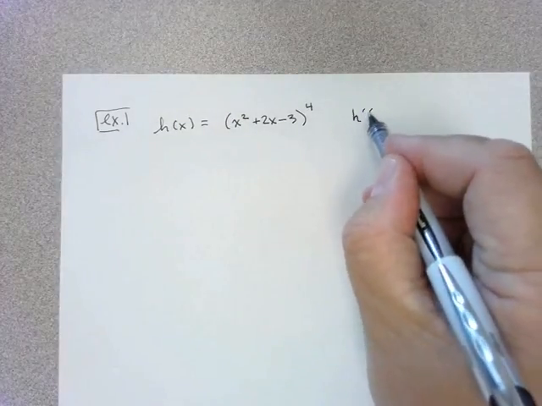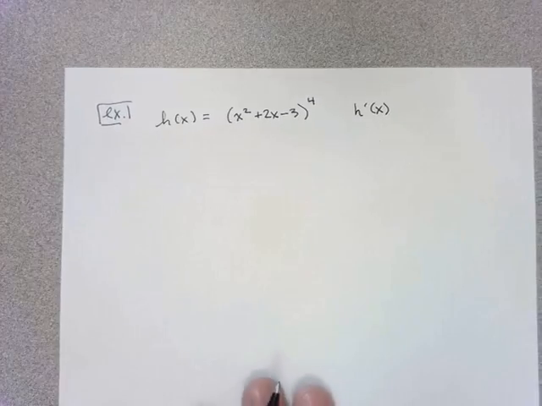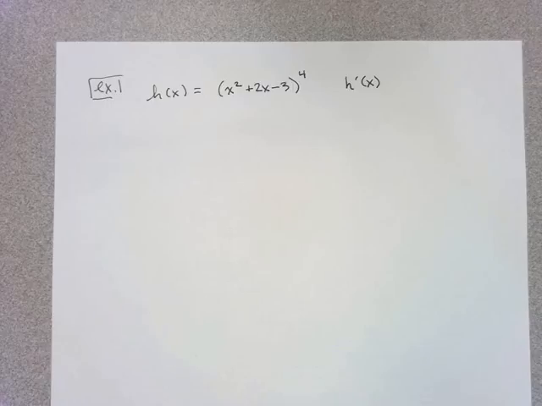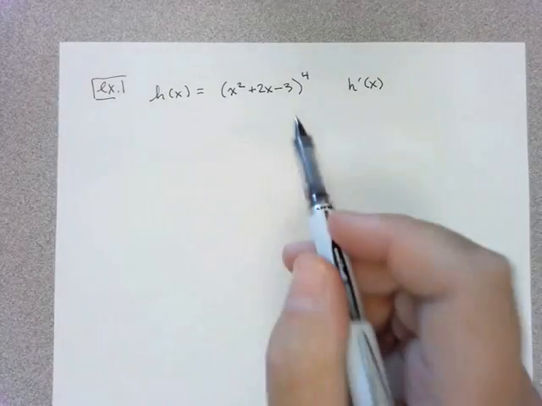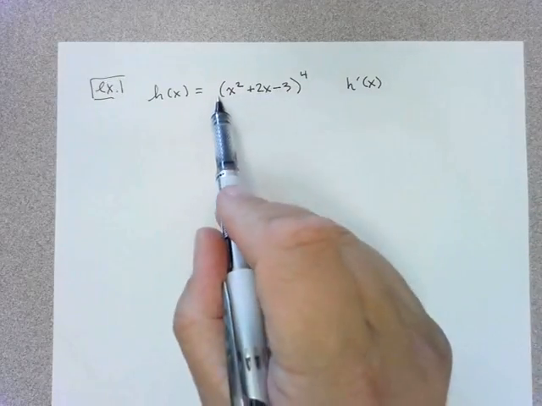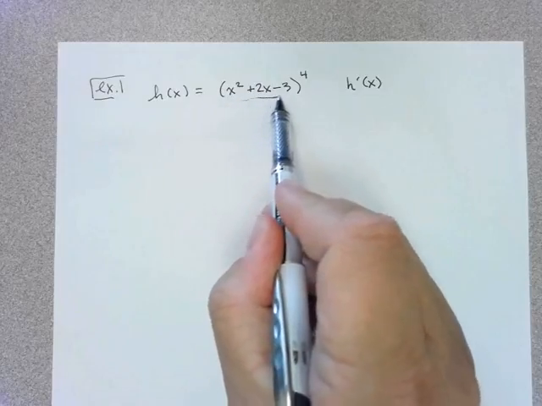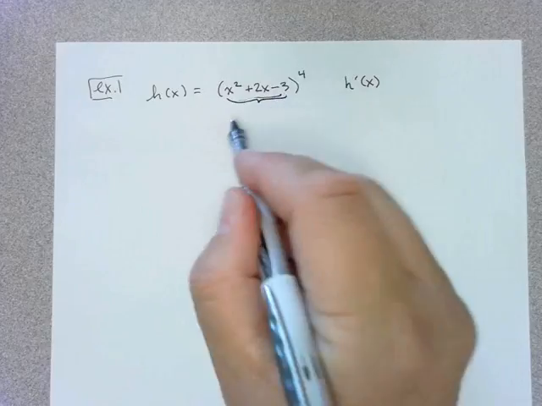And I want to compute h prime of x. Now, for the first and only time, I'm going to explicitly write out my f and g functions, because I think it's a very confusing way to do it. But here, if I look at this, my inside function, that was my g of x.